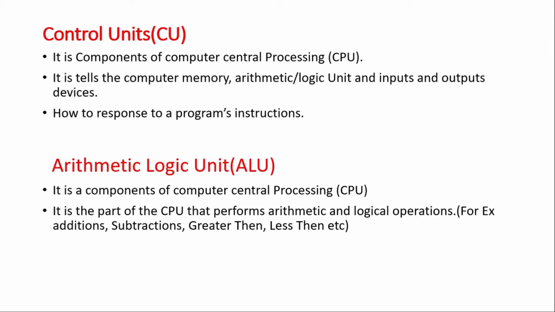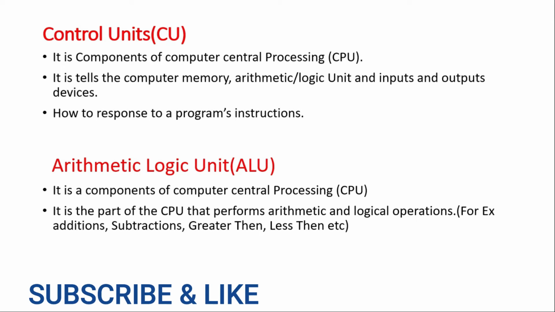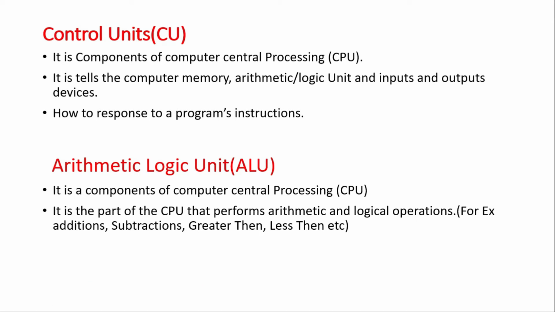Control unit is a component of the CPU. It tells the computer memory, arithmetic logic unit, and input and output devices how to respond to a program instruction with the use of the control unit.